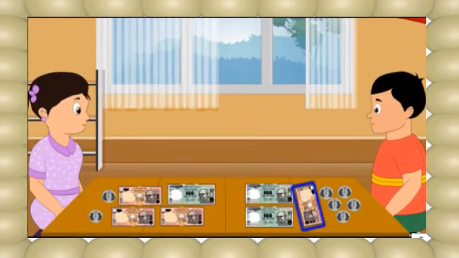Yes, Sonu and Monu both again they are sitting in front of each other, right? Now they have some notes and coins. They both have some 100 rupees notes, some 10 rupees notes and some 1 rupee coins.